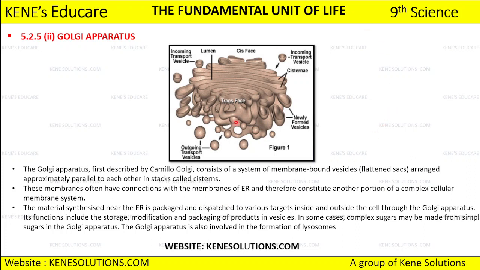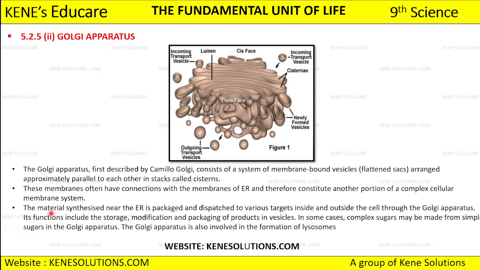Now the membrane that we are having, उसका connection किसके साथ होता है? It has the connection with the membrane of endoplasmic reticulum, and therefore it constitutes another portion of the complex cellular membrane system. Now because it is having connections with the membrane of endoplasmic reticulum, that is the reason it is going to constitute another portion of the complex cellular membrane system as well.